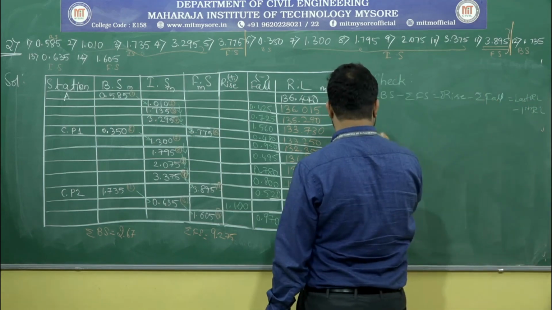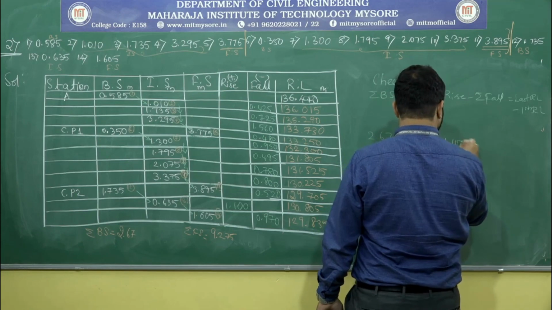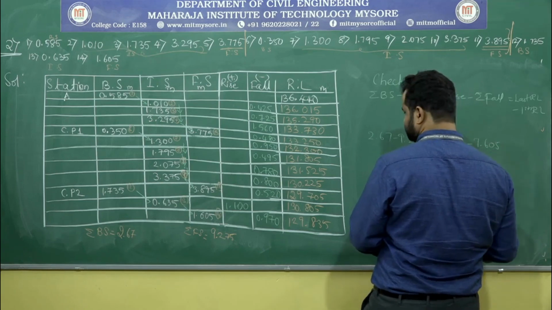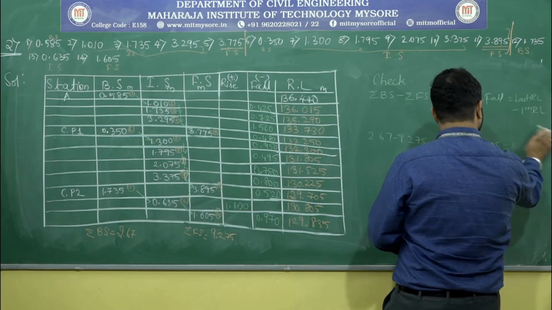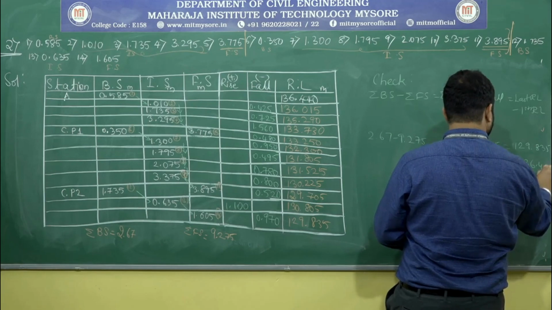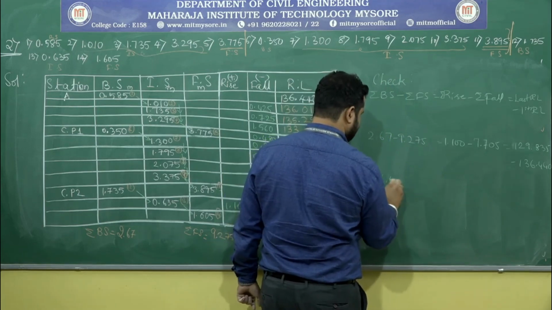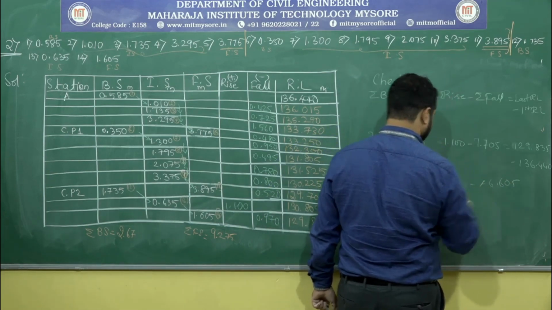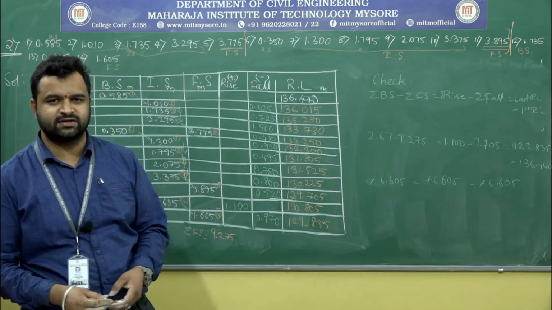That is, we have already calculated 2.67 minus 9.275, equal to 1.100 minus the total fall, so we will get again minus 6.605 on both sides. So you can say the calculated RLs are correct using the rise and fall method.